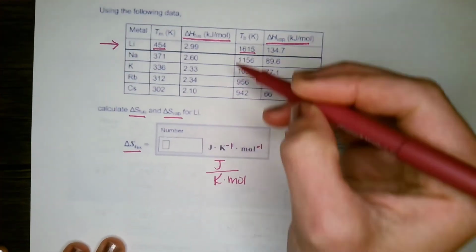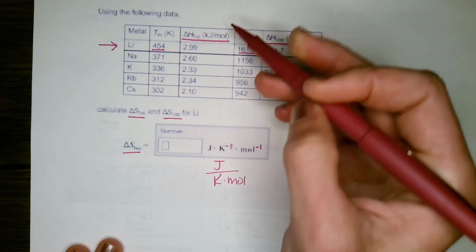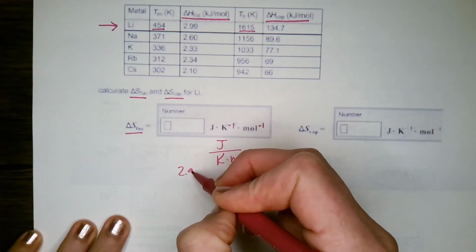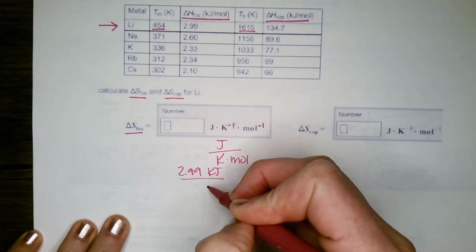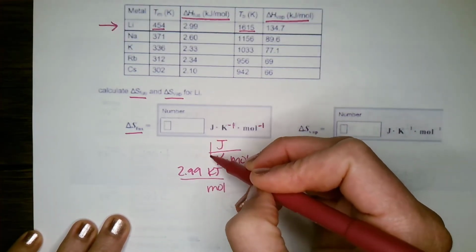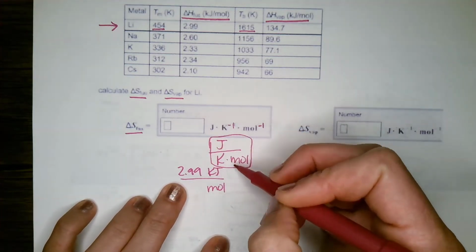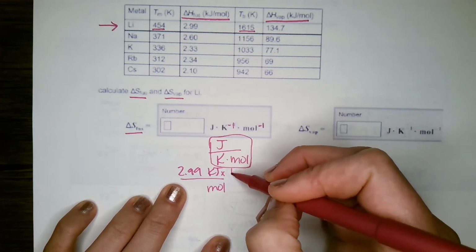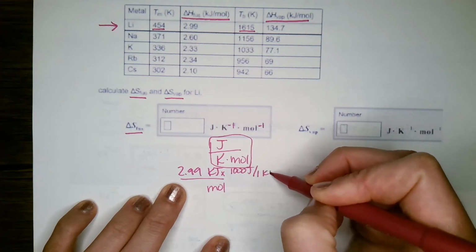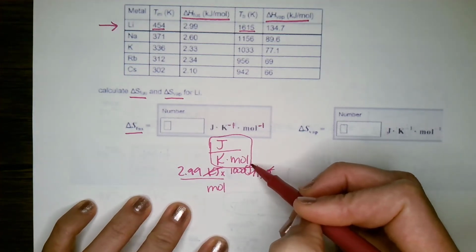Okay, so if we look up here, we see that our enthalpy of fusion, the heat of fusion, is in kilojoules per mole. So if I were to write down this 2.99 kilojoules per mole, we're halfway to the units that it wants. Here's what we want to get to. If we have kilojoules, we can get to joules, can't we? We can just multiply by 1,000 because there's 1,000 joules for every 1 kilojoule. So the kilojoules would cancel out. So now we're left at joules per mole.